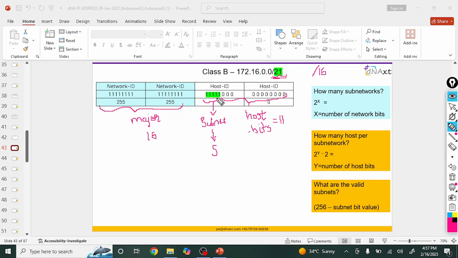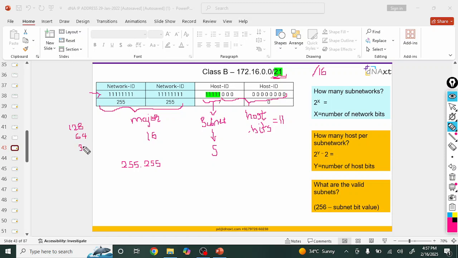Okay, let's convert this subnet mask into decimal format. That comes out as 255.255 dot. Since there are 5 subnetwork bits, we have to add 128 plus 64.